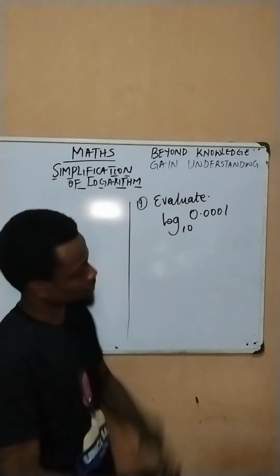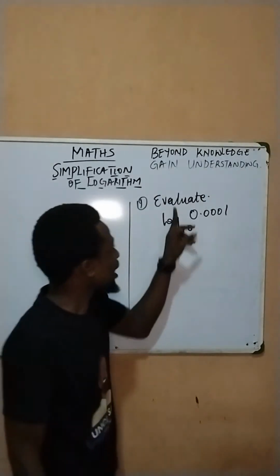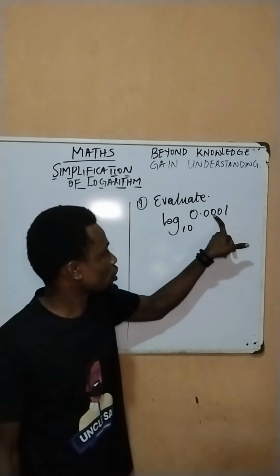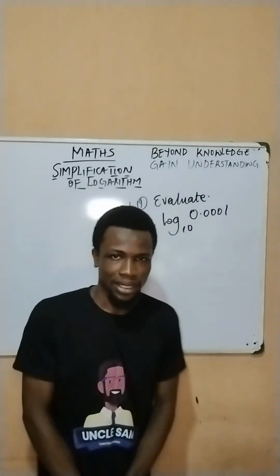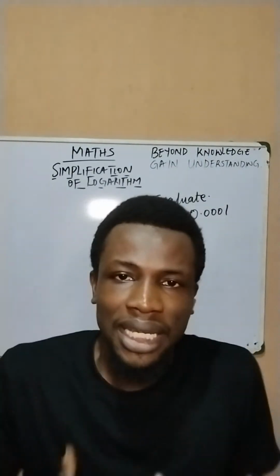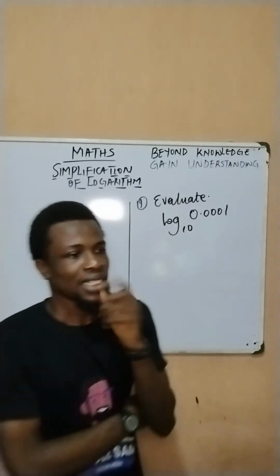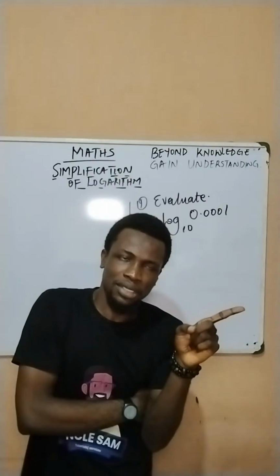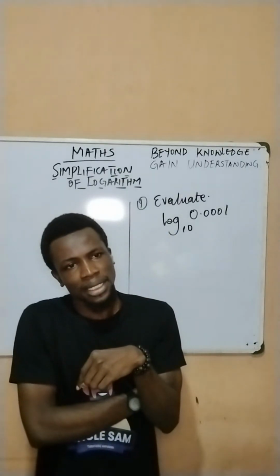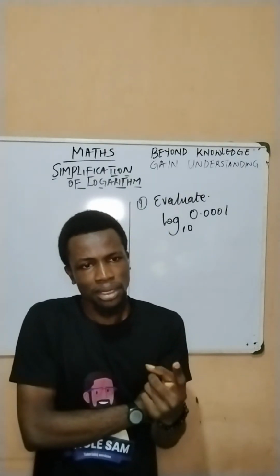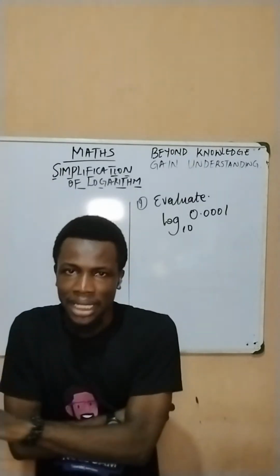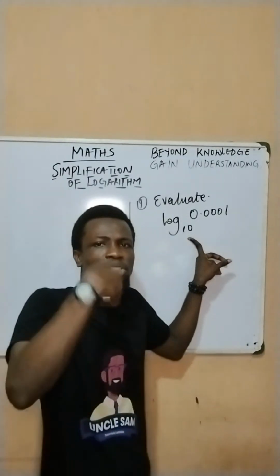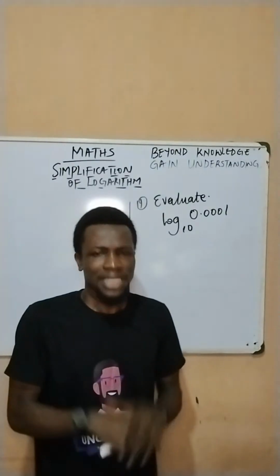So if I have this kind of expression, that means evaluate log 0.0001 base 10. Now, the first thing I need to do here is, since I know that the basic idea of logarithm is that the logarithm of a given number to a given base is looking for the power that the base has to be raised to give us that number.